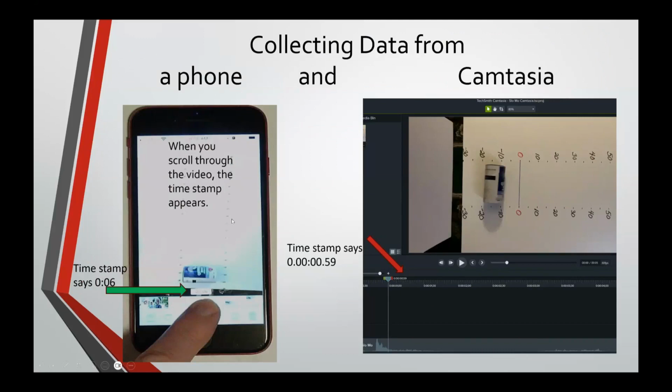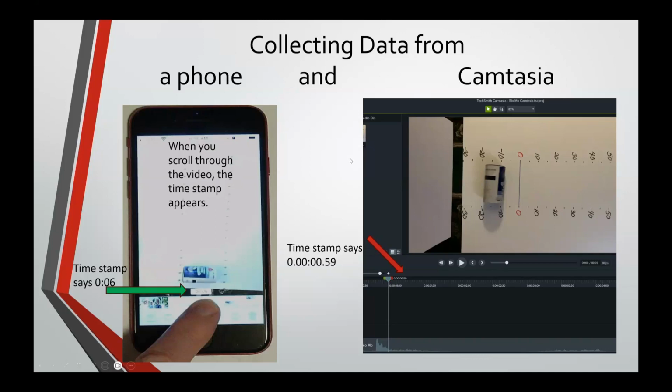I had some students use their phone to collect the time data, and it turned out to be a little bit more difficult because the timestamp didn't have decimal portions of the seconds. So they had to use their estimation skills and critical thinking skills to figure out where the cylinder was between, say, second 6 and second 7.